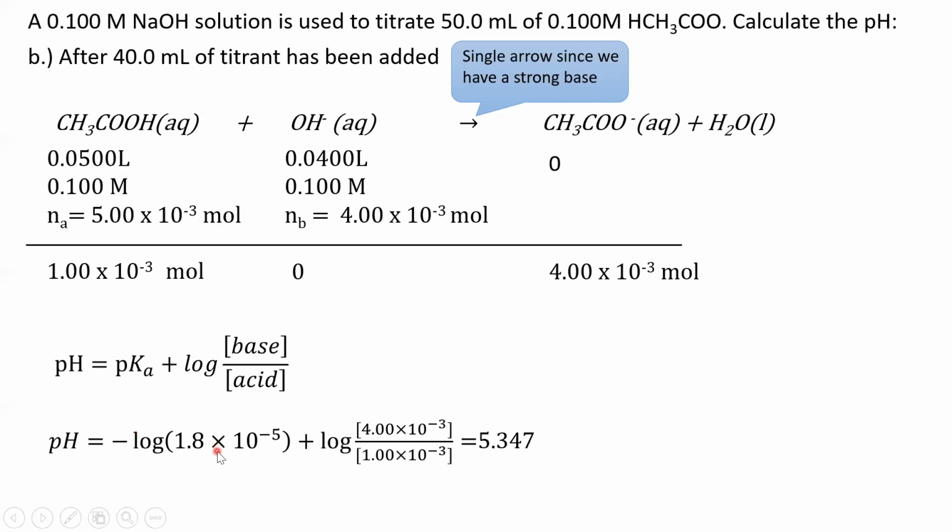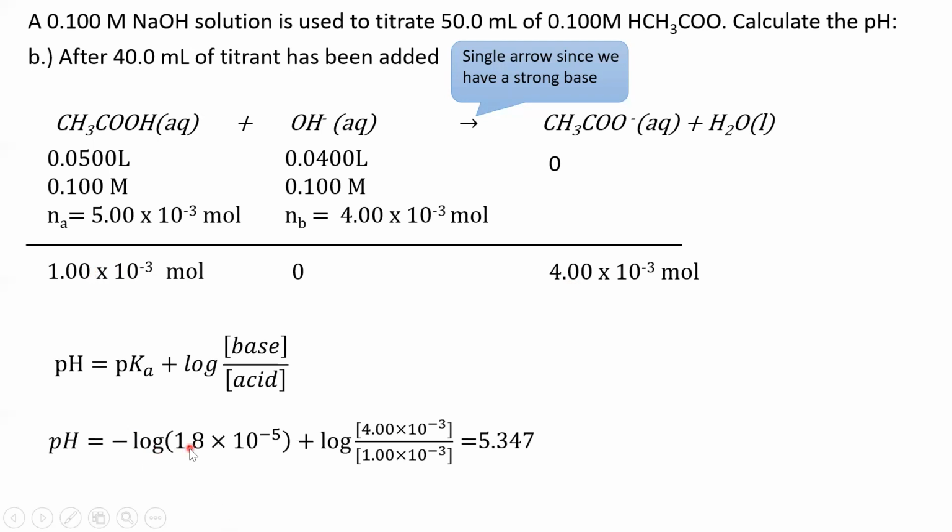So the Ka for acetic acid is 1.8 times 10 to the minus 5. We can find the pKa, and we're going to add to that the log of the base over the acid. This is the base, the acetate. This is the acid, the acetic acid.